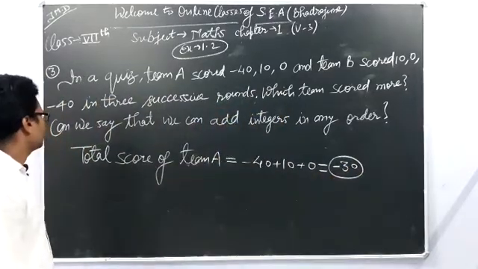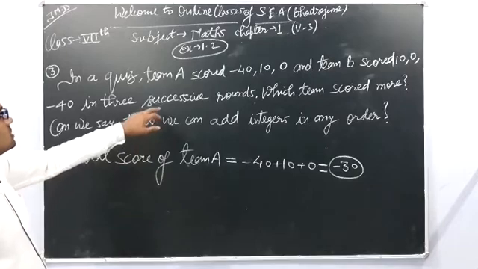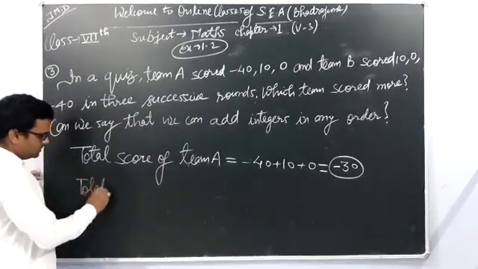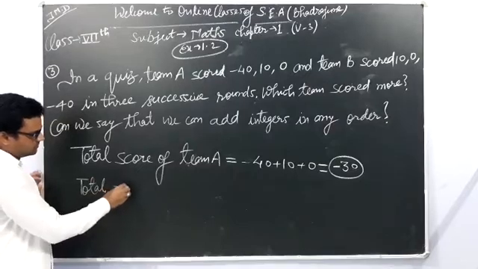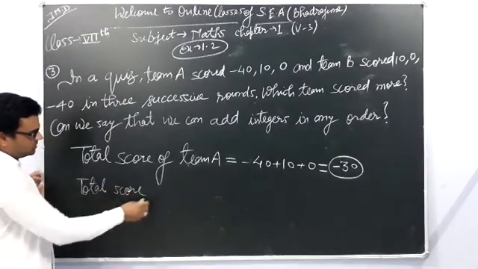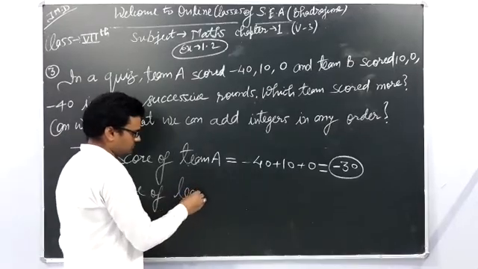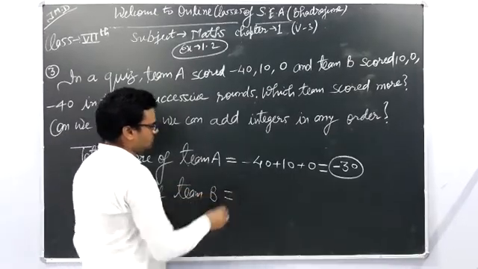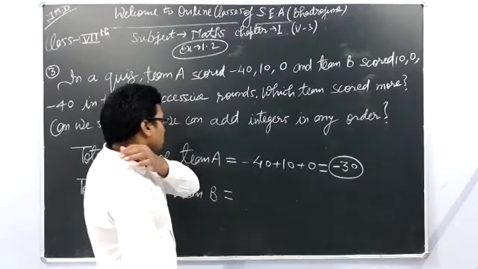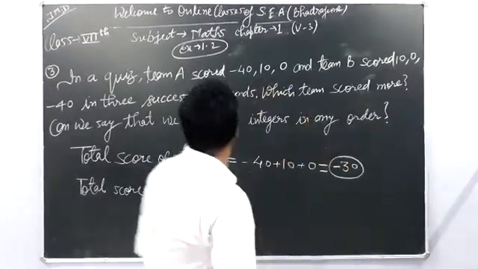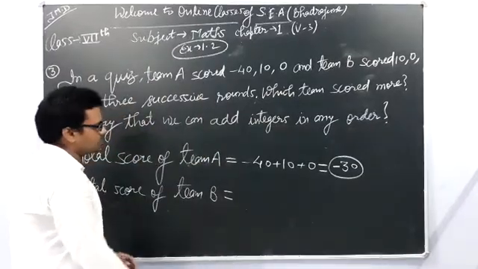Now the total score of team B equals 10 + 0 + -40.